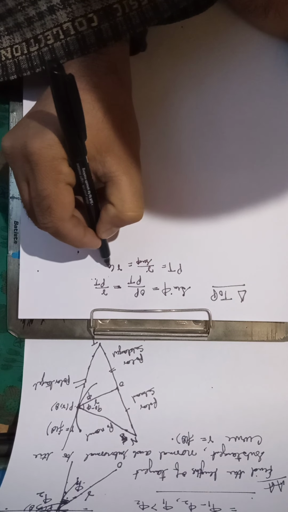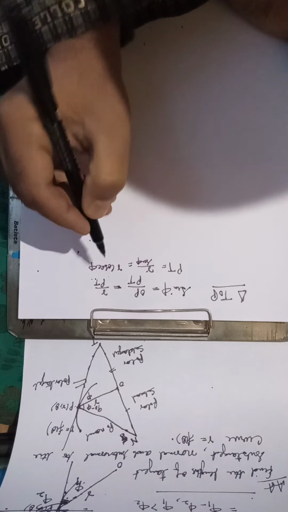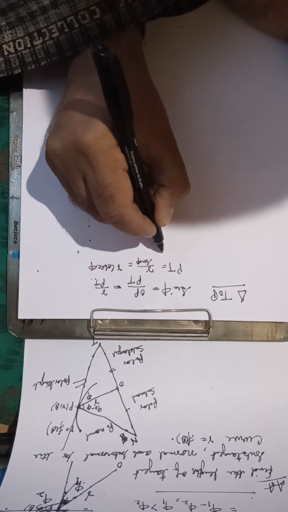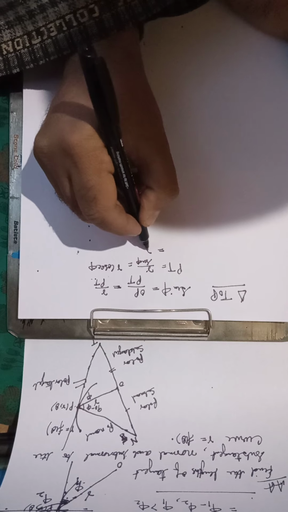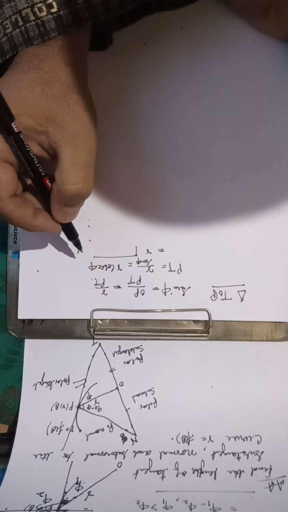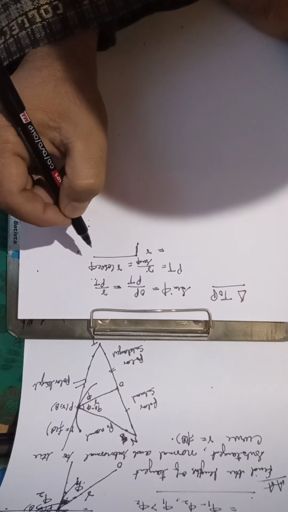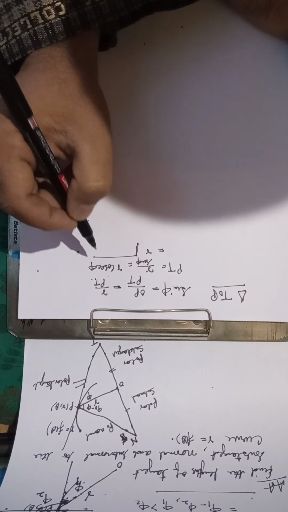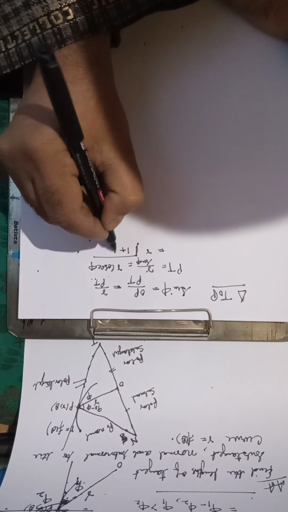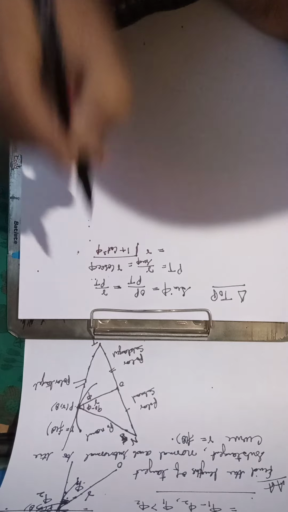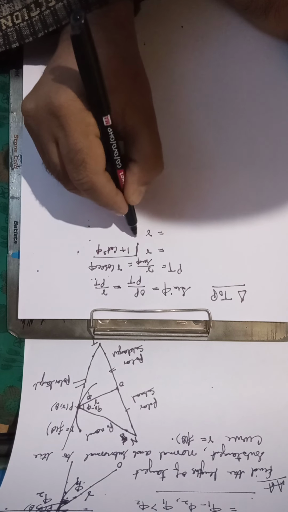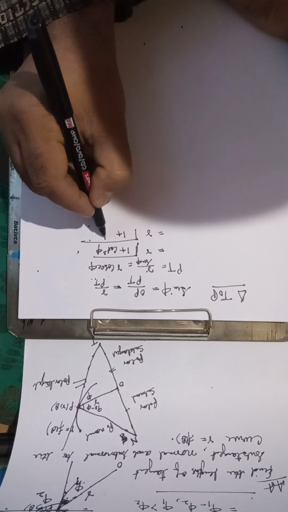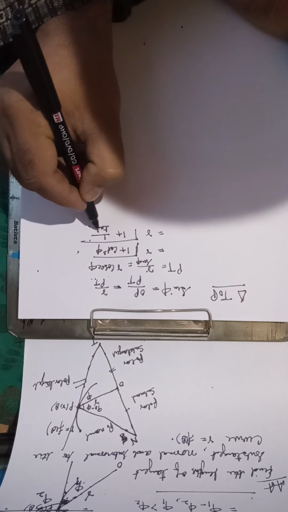This is r cosecant phi. But cosecant phi, you know, is root of 1 plus cot square phi. This is r times root of 1 plus 1 upon tan square phi.